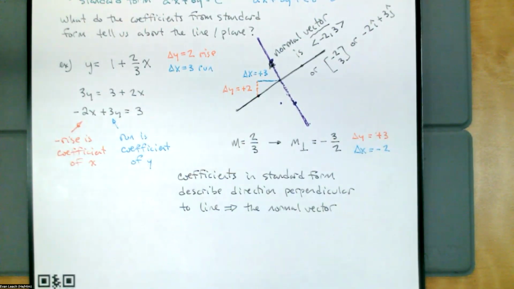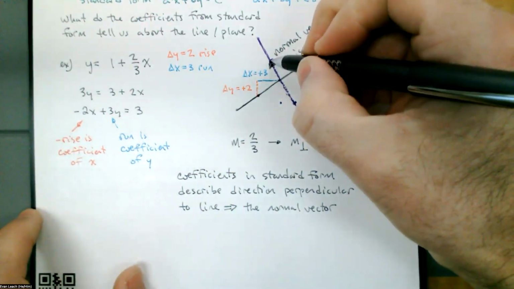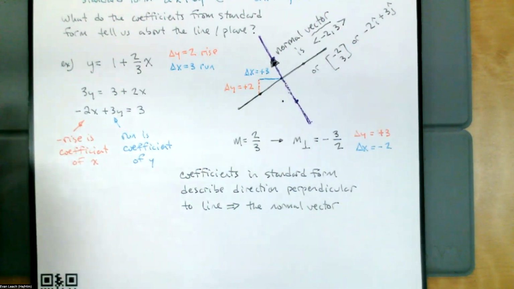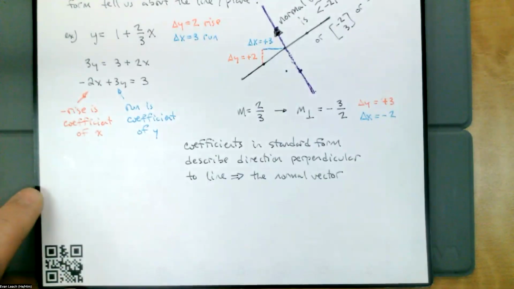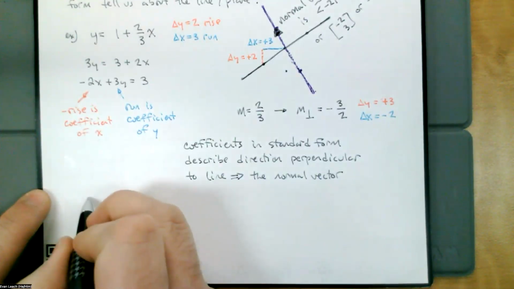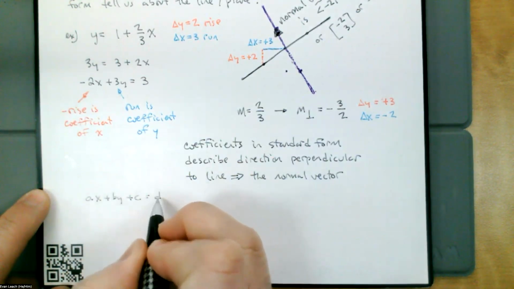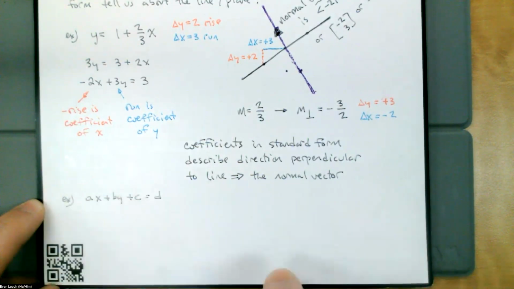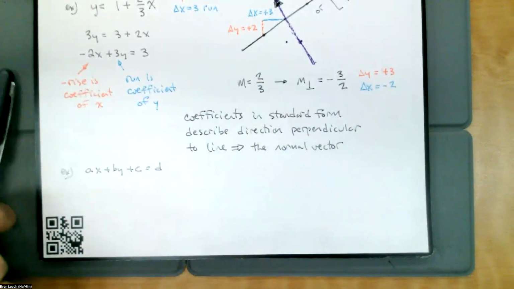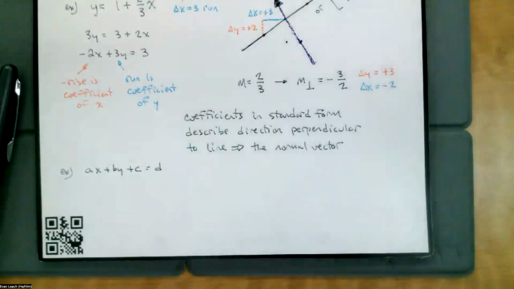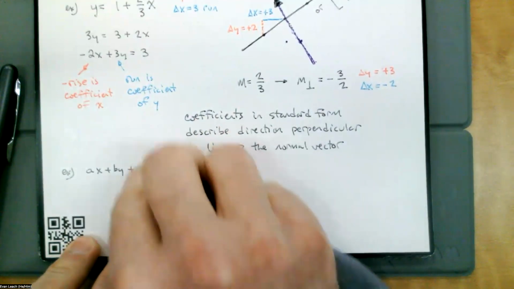Now we want to expand this to R3. So when we look at this equation, ax plus by plus cz equals d, I spent too much time in R2, so I forget to write z a lot.